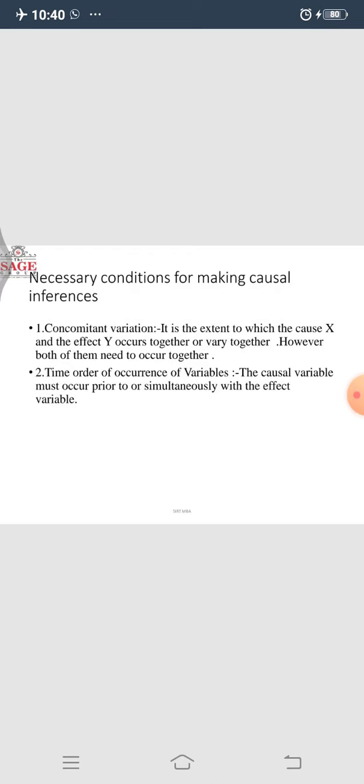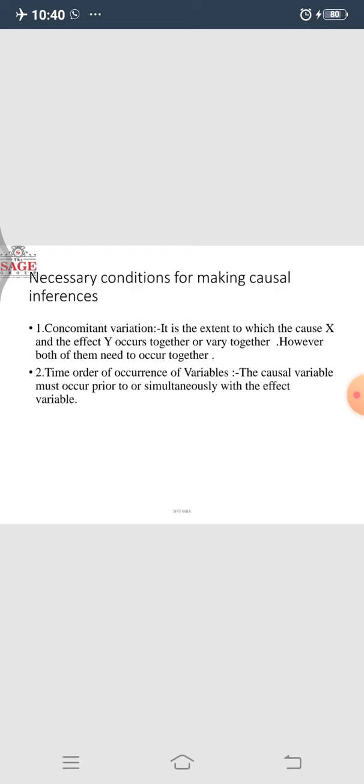For example, if I am having a headache and I take medicine and the headache subsides, that is the cause and effect. A relationship can be established, like my headache has vanished because I have taken medicine, because X and Y both occurred together. Then, time order of occurrence of variables. The causal variable must occur prior to or simultaneously with the effect variable.